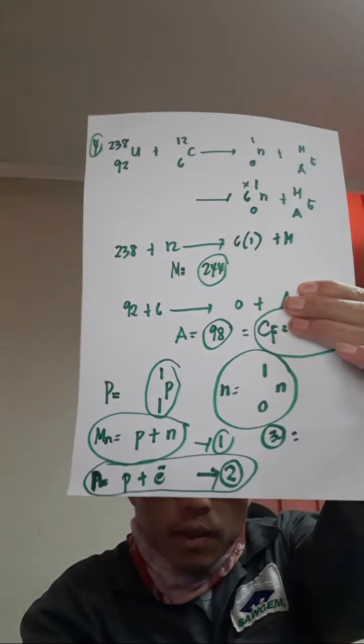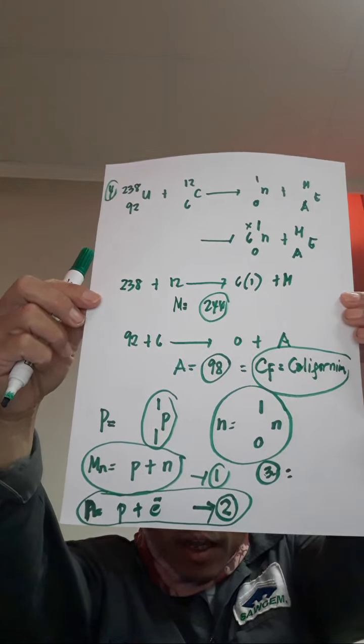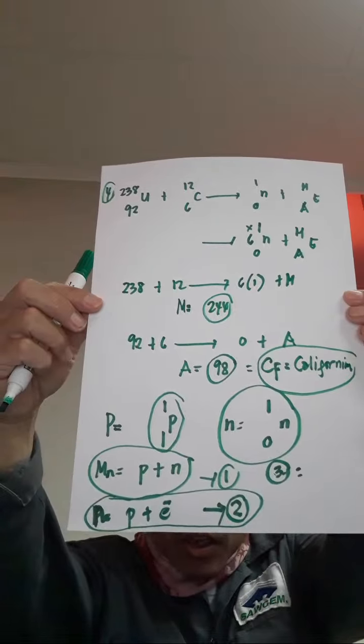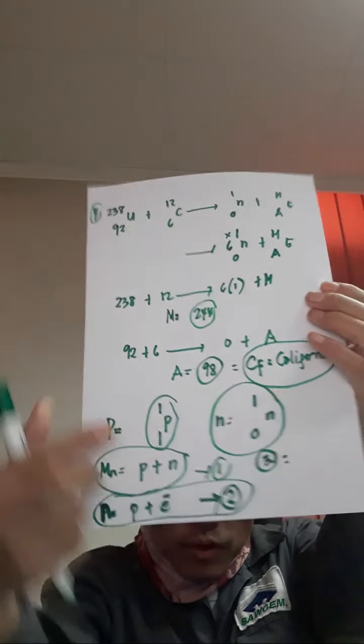Okay, guys, and this is number 2. Number 2 will be neutron is equal to proton plus electron. This is equation number 2. Equation number 3 will be like this.